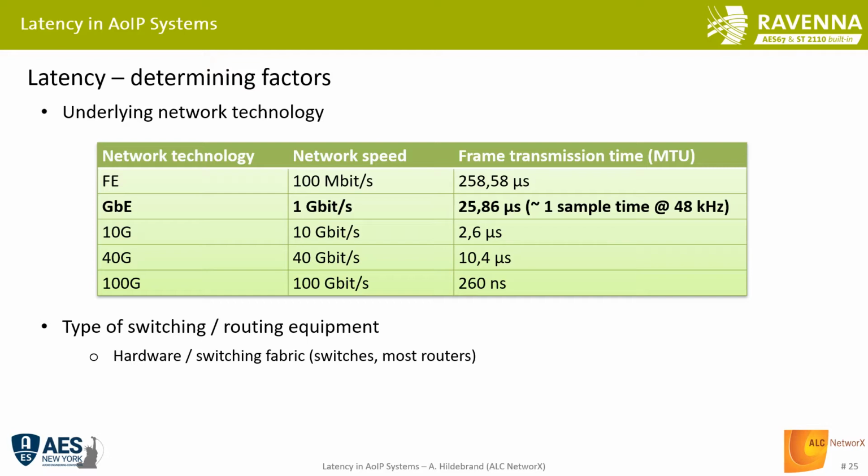So a packet comes in, the packet is examined where it has to go, and it's switched out the related port with basically no further delay if it's done as a switching fabric. It could also be done in software. Most likely if there's a firewall or packet inspection or whatever involved, then it of course has more processing time, right? Because the software needs to examine the packet, needs to determine what to do with the packet and then forward it again. This is not deterministic anymore in most cases.